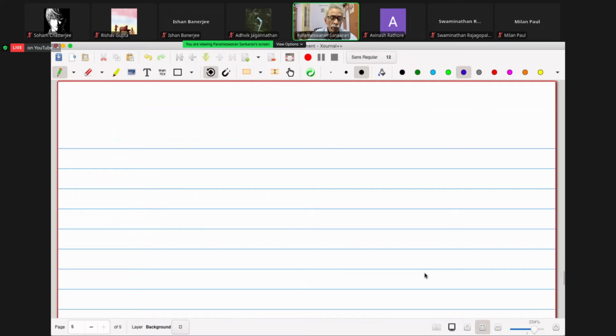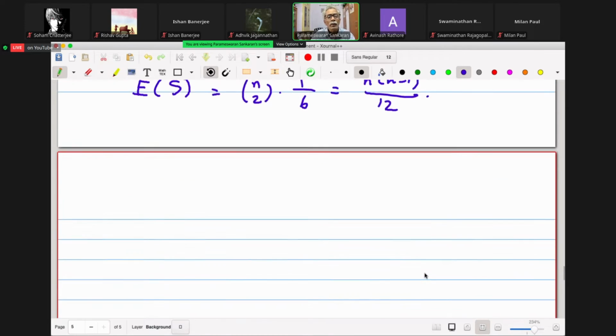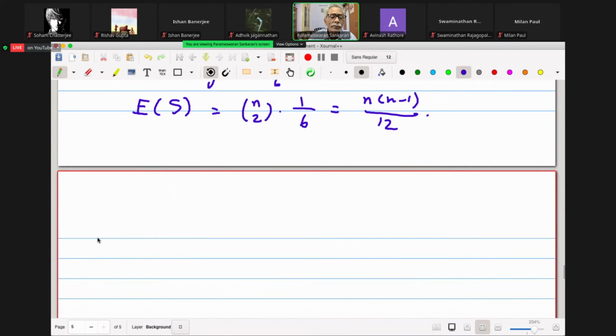Just let me get some more space. The variance of S is equal to, okay, you can apply the definition: expectation of S square minus the expectation of S the whole square.